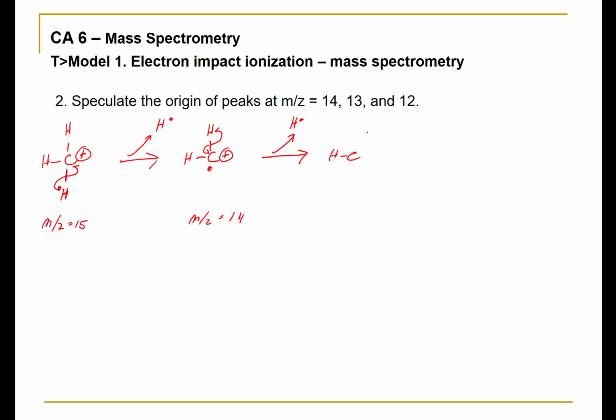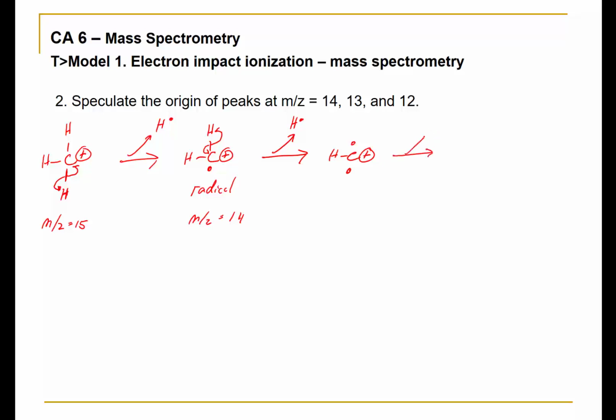We're left with carbon-hydrogen, positive charge. Now 2 electrons like that. So technically speaking, we now have an even number of electrons, so that's not a radical. So this guy here is a radical, whereas what we've just formed in the next step is not a radical. However, it's still a cation and would be detected.